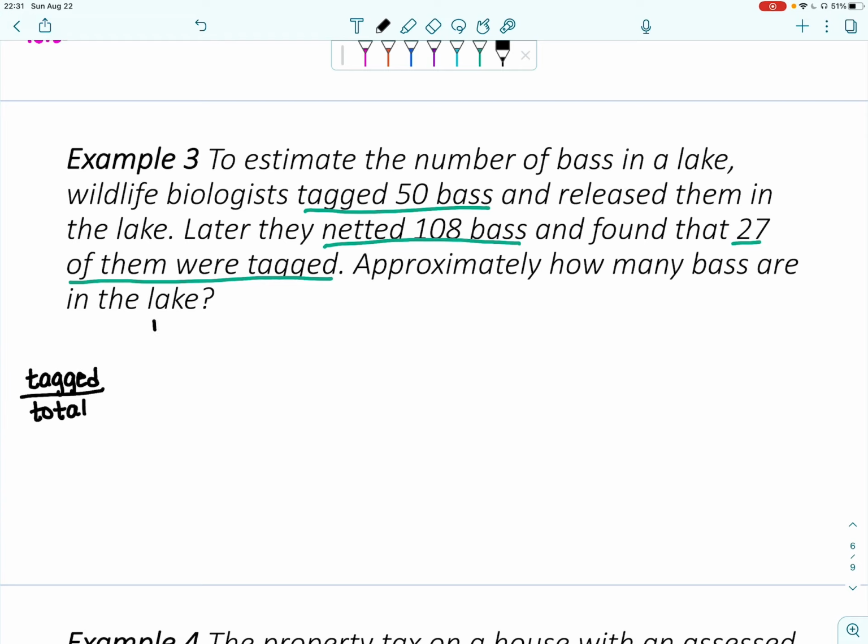And then I'm going to do the initial equals maybe the second, because they had their initial tag, the initial pull when they tagged everyone, and then they went back and did it later, the second time.